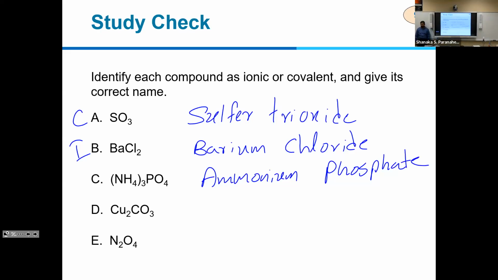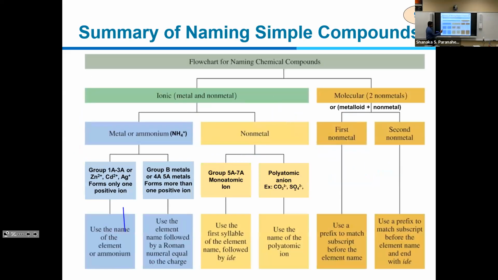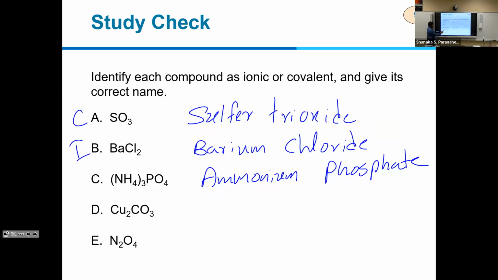Next one, ionic or covalent? Ionic. Okay, so now we have a choice. Does it belong to group 1 metal or group B transition metals? Copper, is it a transition metal? Yes. Then you are going to write the charge balance equation and find its charge. So number of copper, 2. Variable charge for copper.